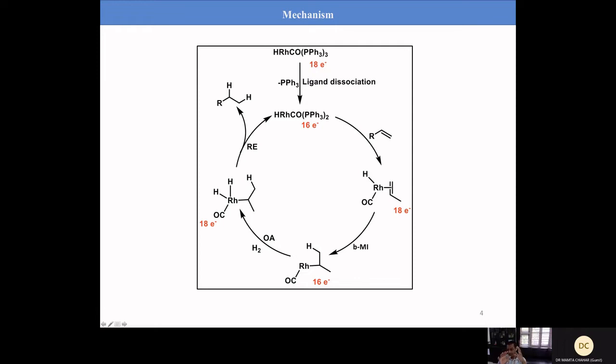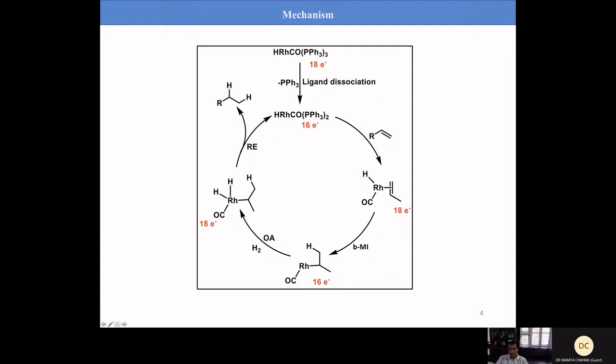Another way is, if you have a cationic one, then you include maybe a hydridic species. You add a hydride to get rid of that cationic species that is attached to the metal center.